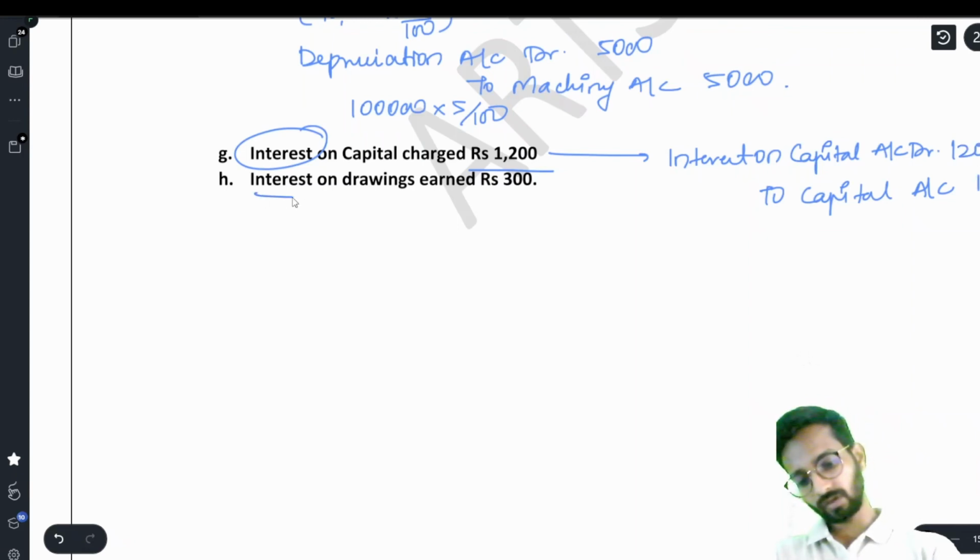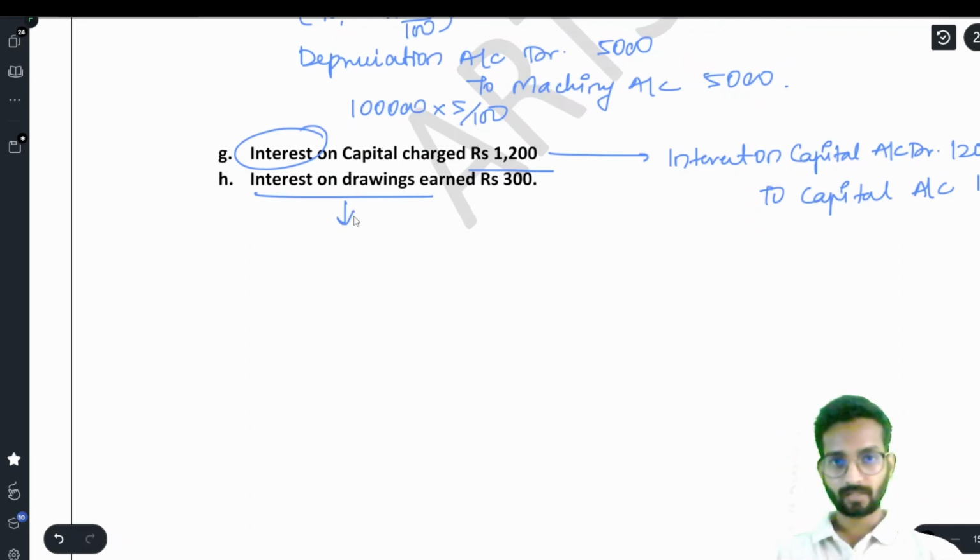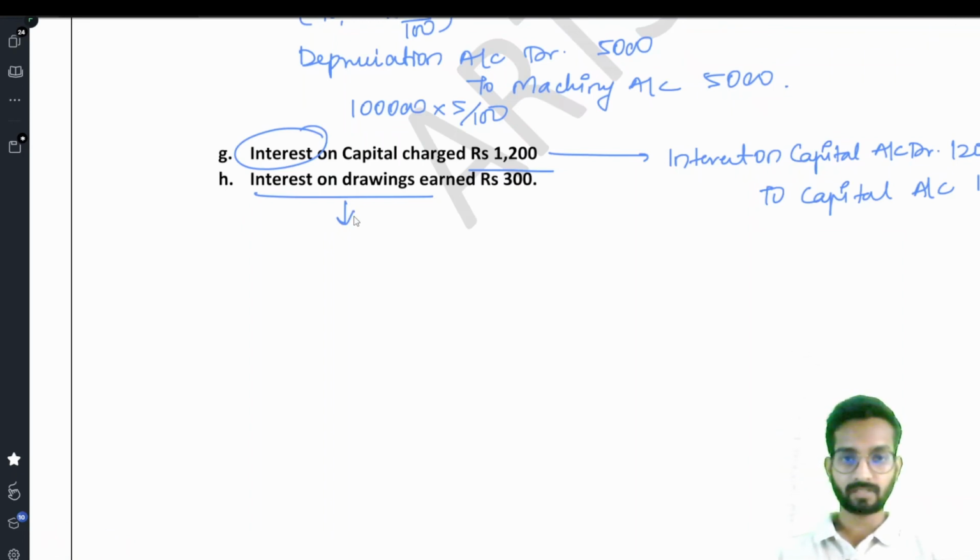Now, what is interest on drawings? See, whenever the owner withdraws some money or borrows from the firm, it means he is drawing the money. Whenever he is drawing the money, he has to pay some interest to the firm. This is the reciprocal of interest on capital. Interest on drawing is paid by the owner to the firm, and it is income for the firm.